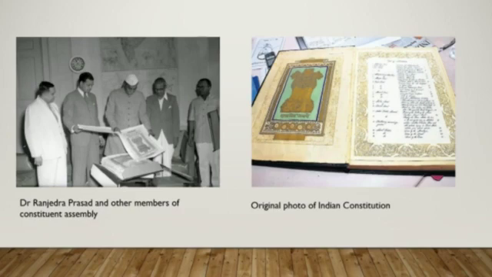It is now present in the parliament. If you visit Parliament House, you can see it. This is the original, and it is written in italic form in very beautiful handwriting, with artwork also.